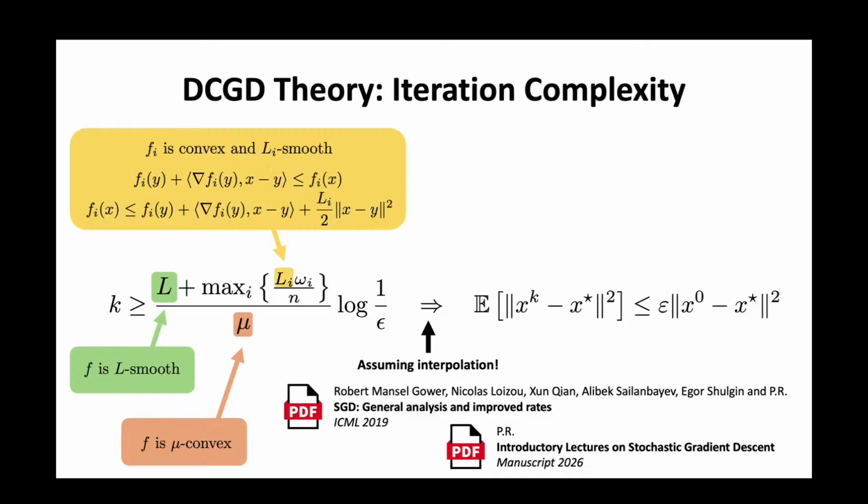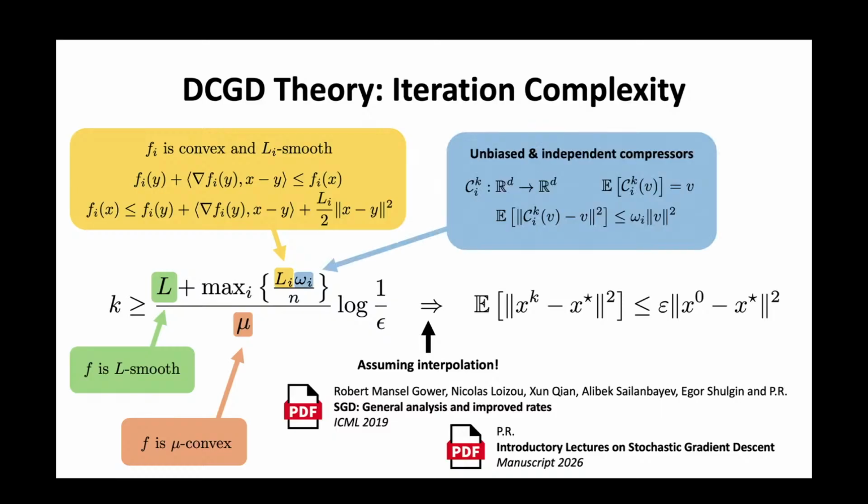But I want to show you the strongest possible insight that we can get on this simple model. So L_i would be the smoothness constant of function f_i stored on client i. Omega_i is what you saw. And this is why it matters. It shows directly in the iteration complexity analysis. And now I'm counting the number of iterations. I told you I shouldn't, right? If we take at least this many iterations, then we have solved the problem. Okay, that's what this says.